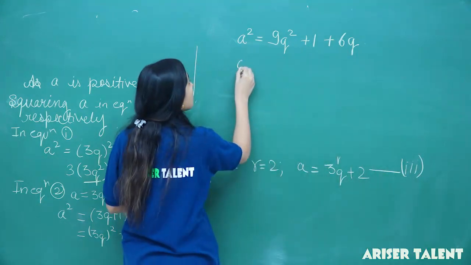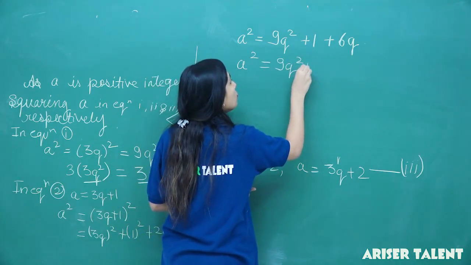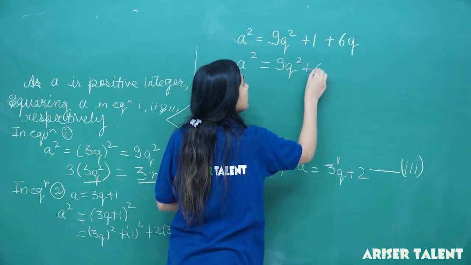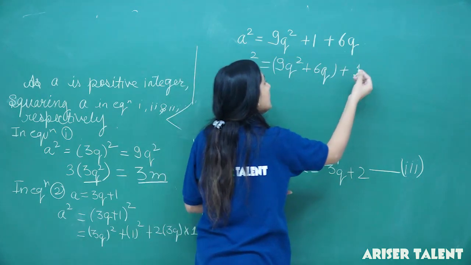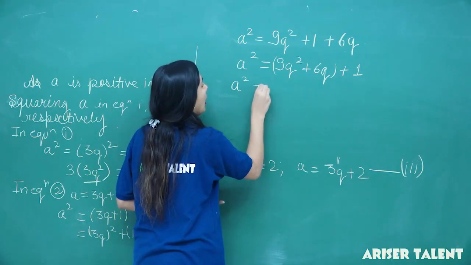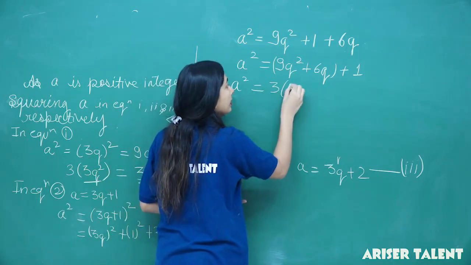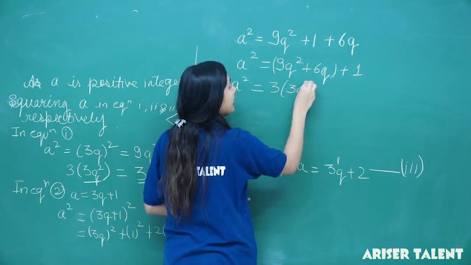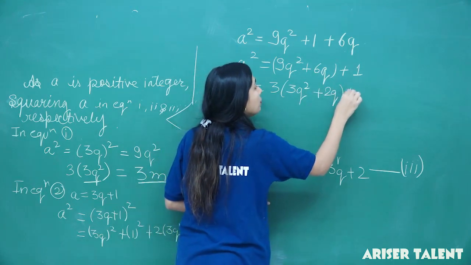How? I am taking these two terms here and this term 1 here. Taking 3 common, we'll get 3q square plus 2q here, plus 1.